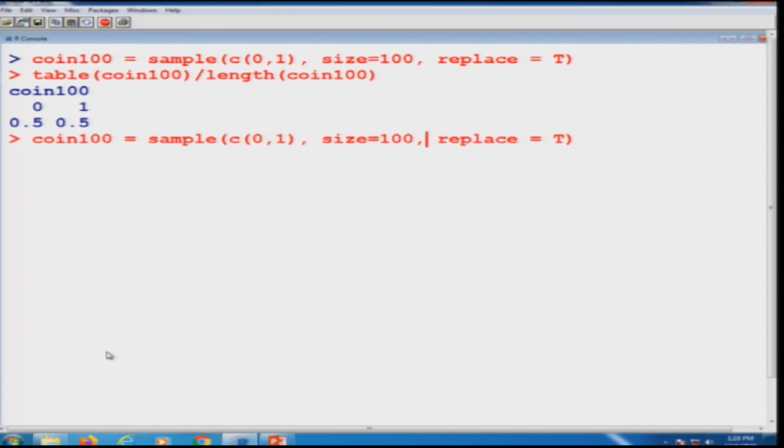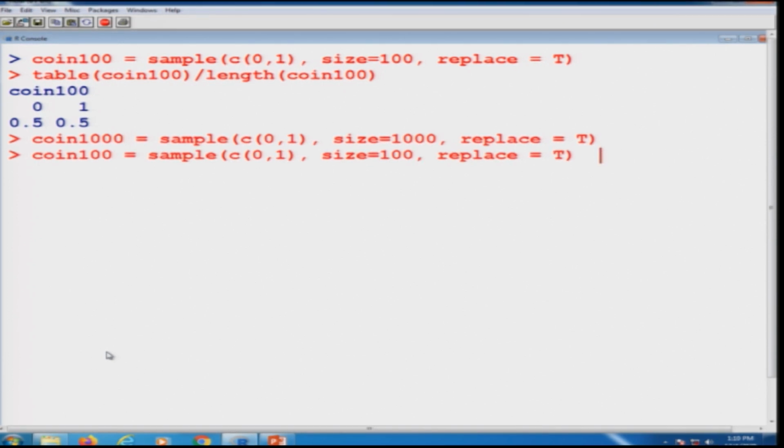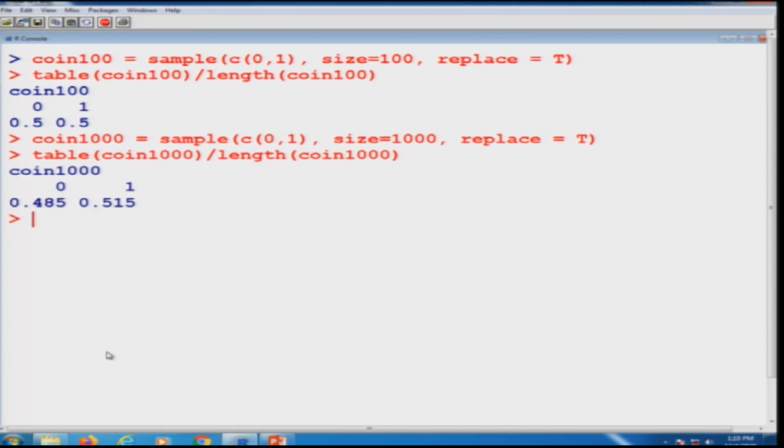But now, in case I make the sample size 1000, that means we are drawing 1000 values of heads and tails, that means we are repeating it 1000 times, then the relative frequency of the coin 1000 data vector will come out like this, and you can see it is coming out to be closer to 0.485 and 0.515.